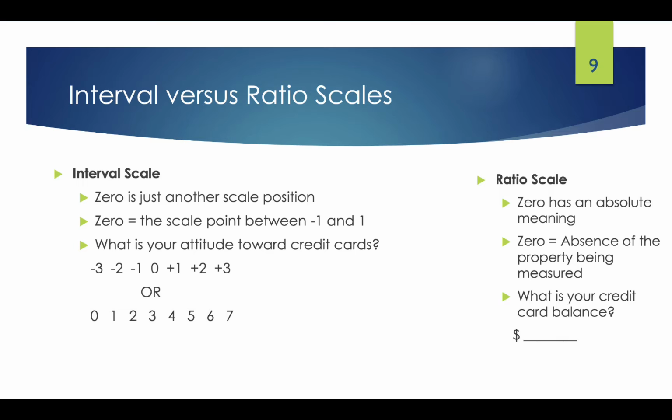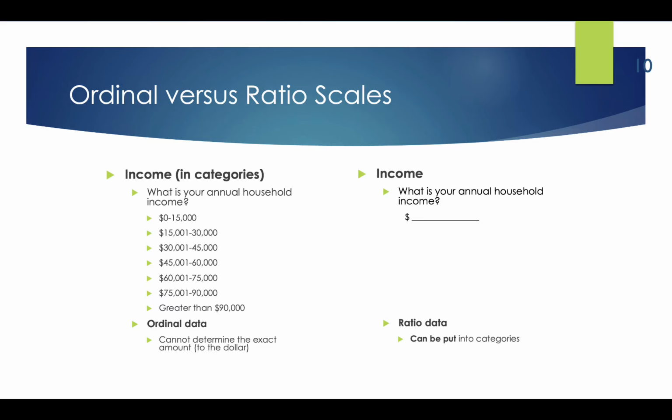Okay, so a ratio scale then has an absolute meaning. So 0 is the absence of the property being measured. For example, what is your credit card balance? Ordinal versus ratio. If you look at it differently, in an ordinal scale we could have these nice categories, and order is important.